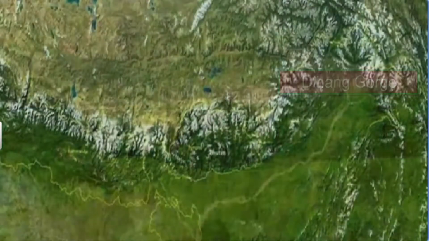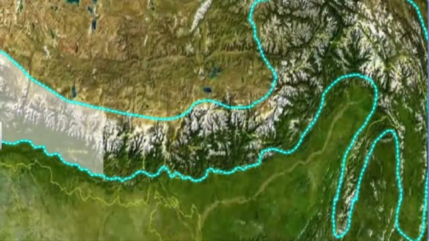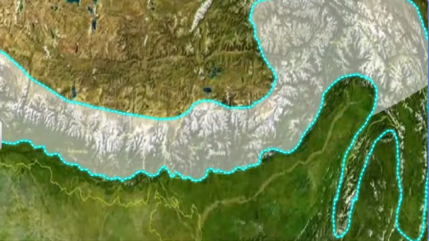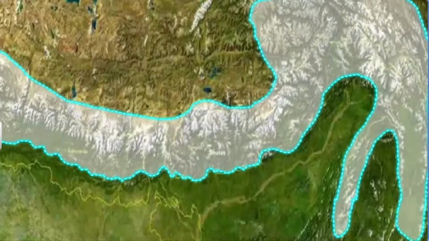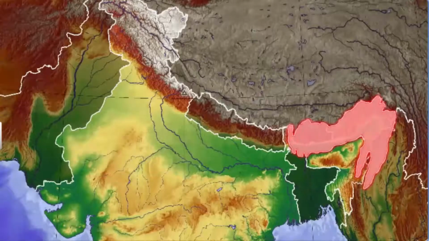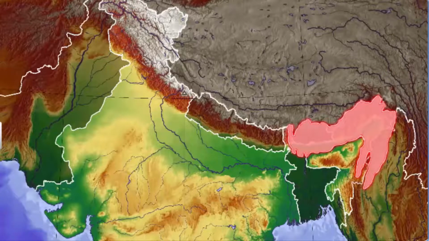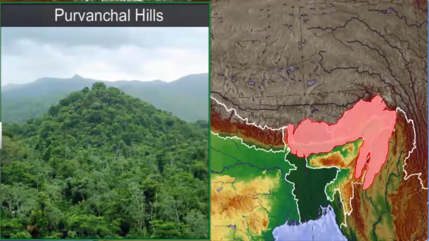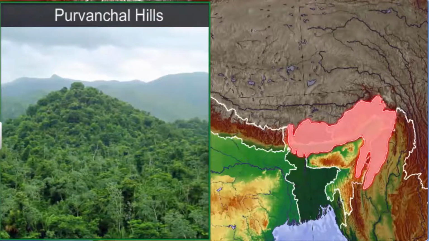Beyond the Dihang Gorge, the Puravanchal hills dip sharply southwards and stretch out along the eastern borders of India. Thus, the Puravanchal hills extend through the northeastern states of India. The Puravanchal hills are covered by thick forests and mostly consist of parallel ranges and valleys.